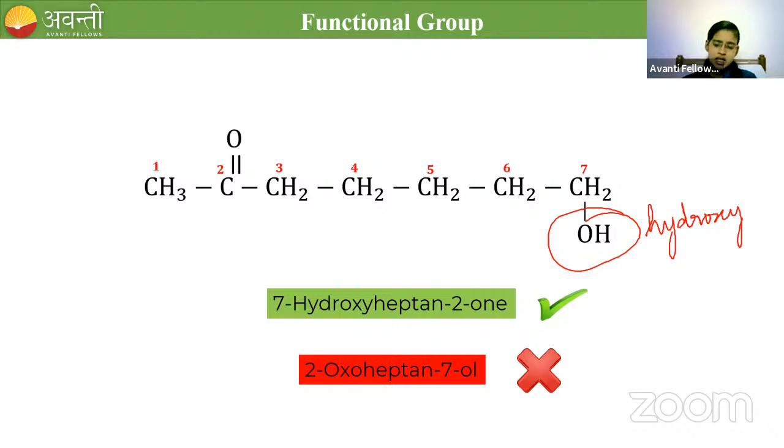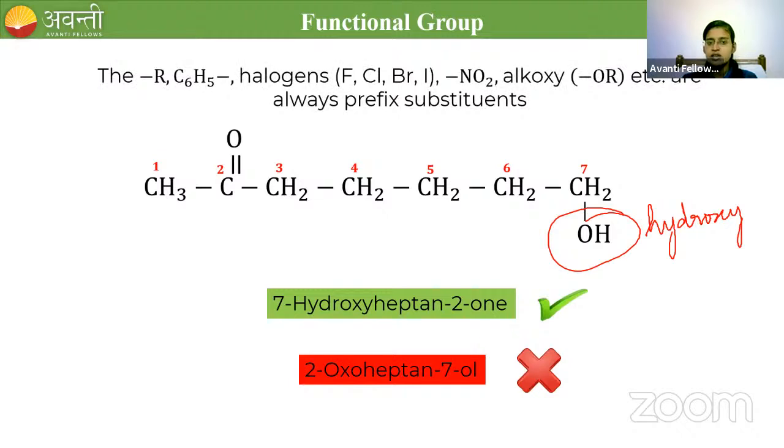In some cases, alkyl, phenyl, halogens, nitro, alkoxy, these 5 components will act as a substituent in most of the cases, and they will be the prefix. So this is all about the examples of compounds which have more than one functional group.